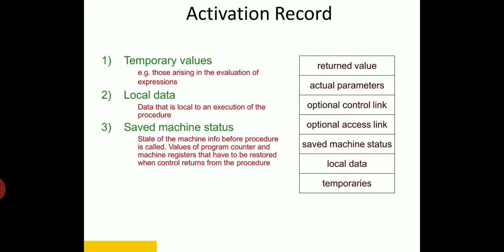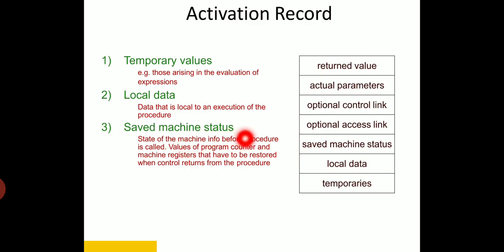Saved machine status means the status of the machine before the procedure starts. If main is calling another function add, the activation records of main and add will be there. The add function will also hold the status of the machine before the add function starts its execution.